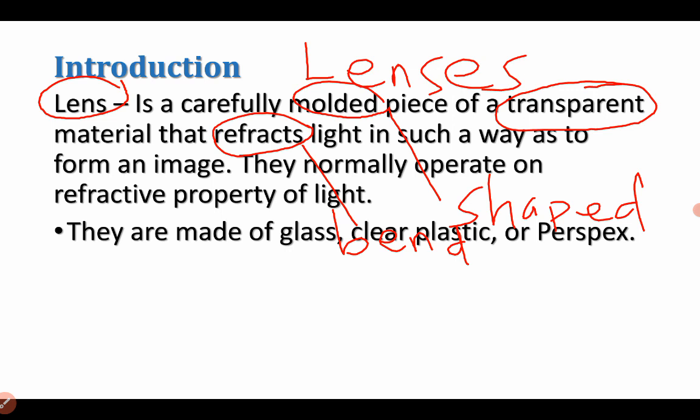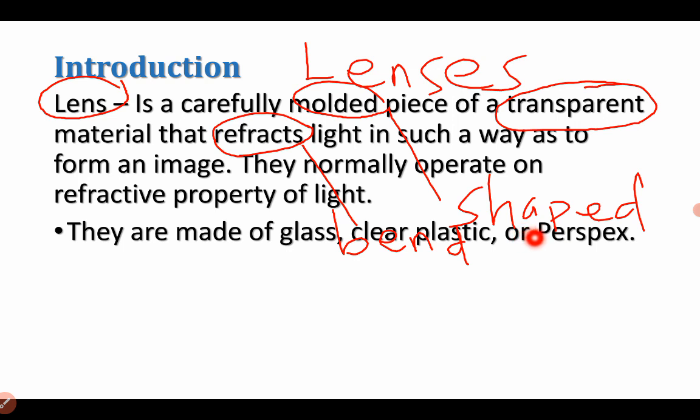Lenses are made of glass. They can also be made from clear plastic or perspex material. Perspex is a type of glass, clear glass.